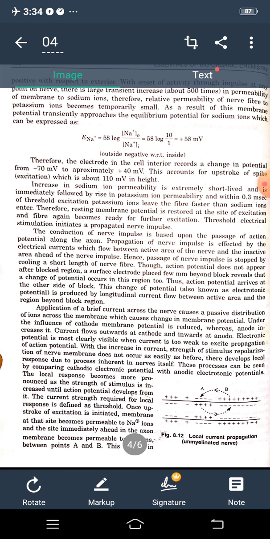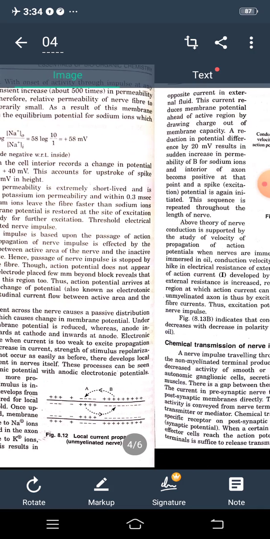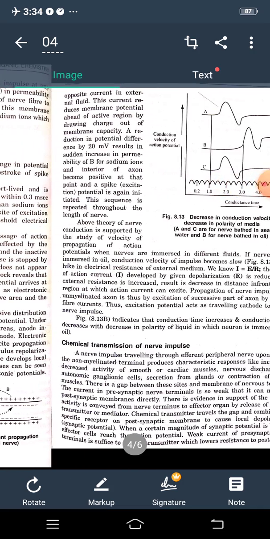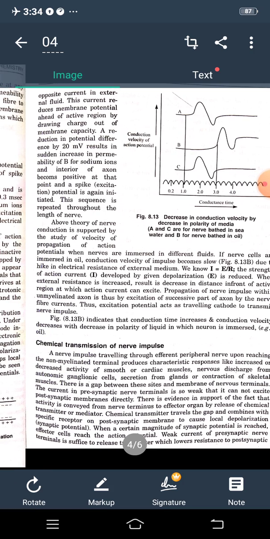Once the upstroke of excitation is initiated, the membrane at that site becomes permeable to Na+ ions, and the site immediately becomes positive inside the axon membrane, so current flows between points A and B as shown in the figure. Now opposite current flows in the external fluid.